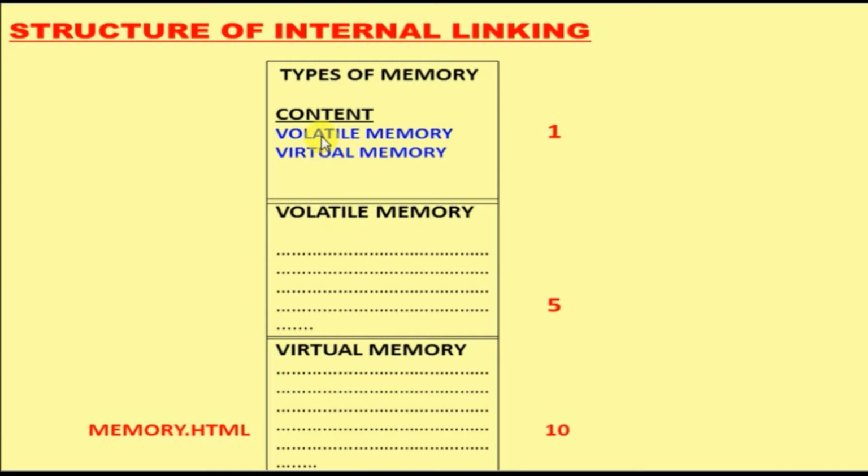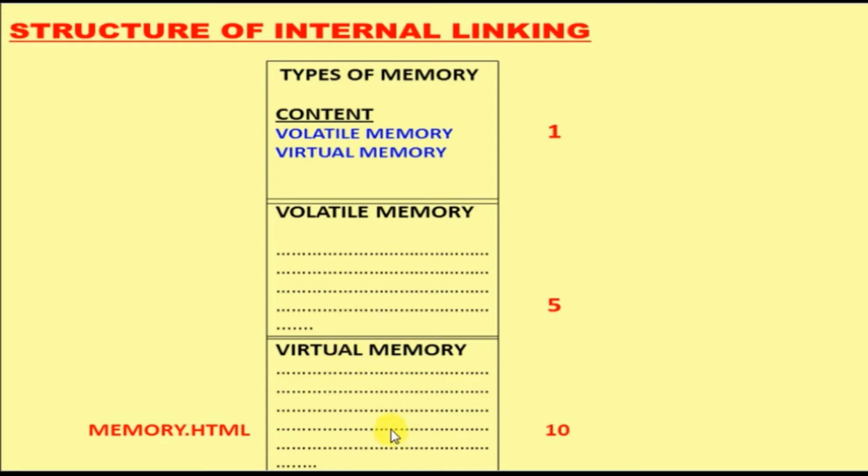If you want to see the information about volatile memory, you will click on volatile memory. Just as you click on volatile memory you will jump to the fifth page. And when you click on virtual memory you will jump to the 10th page, but you will remain on the same page.